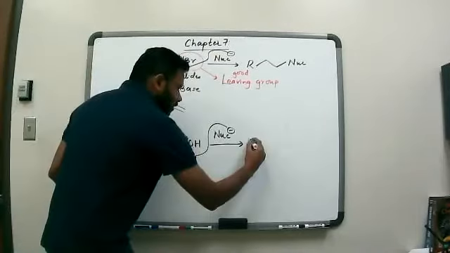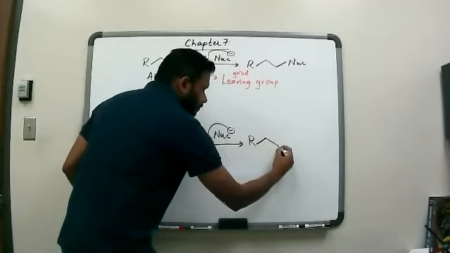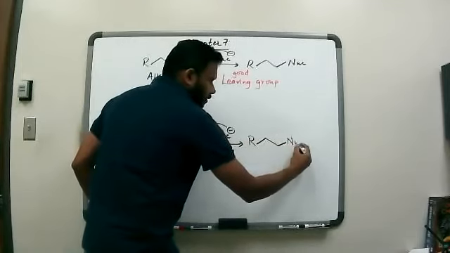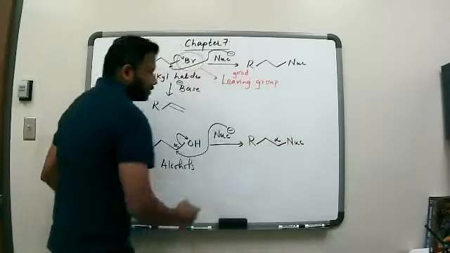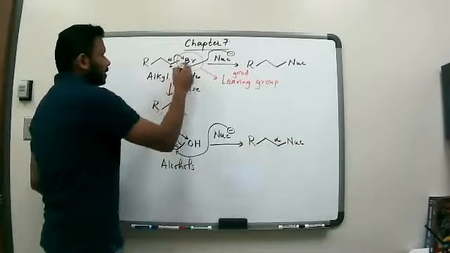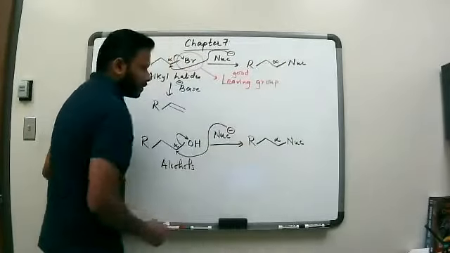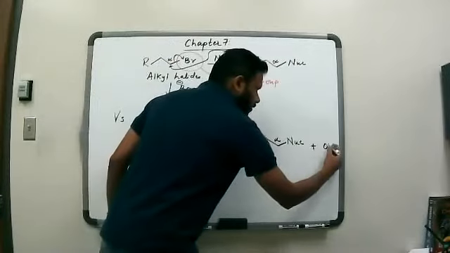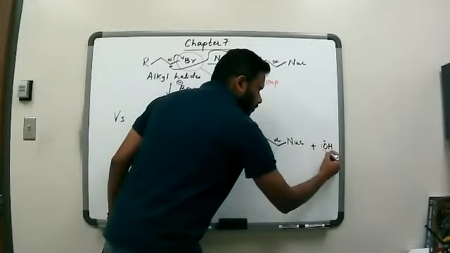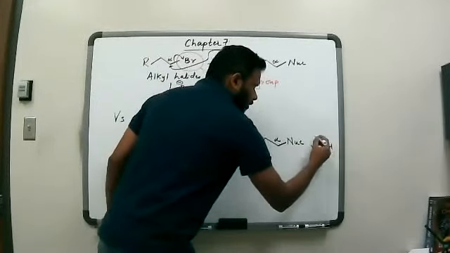So what we would get is the nucleophile now connected to the alpha carbon. This was the alpha carbon here, that's the alpha carbon here, and plus we're going to get hydroxide.